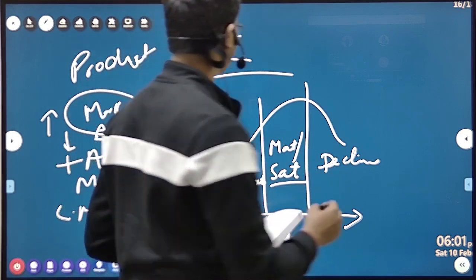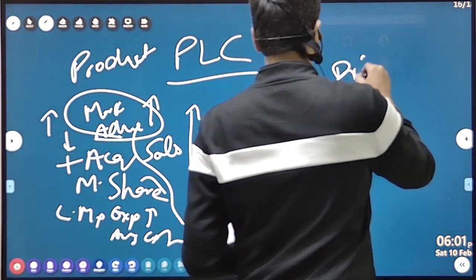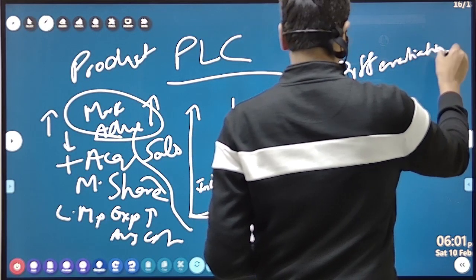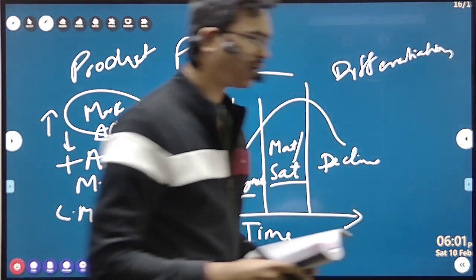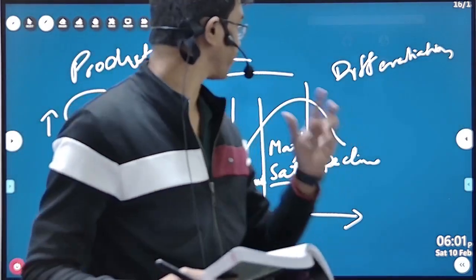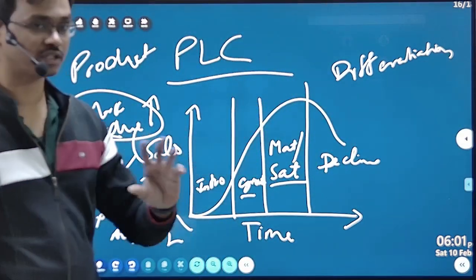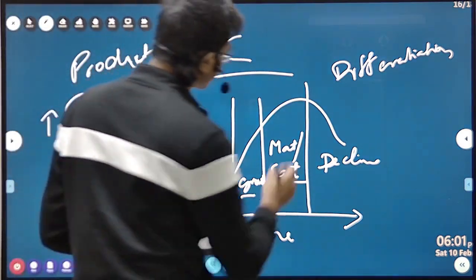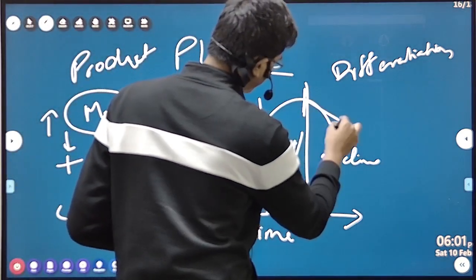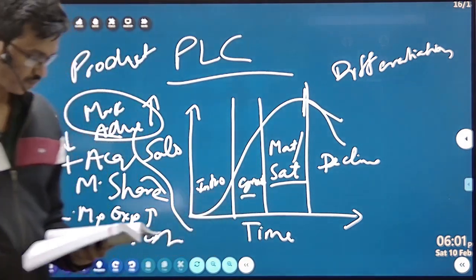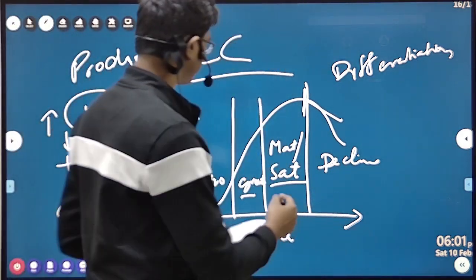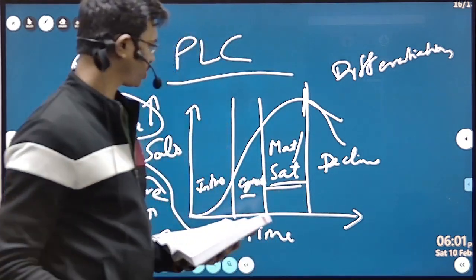And here they want differentiation of the product. They want to make your product in such a way that it is different from the competitor and it is not replaceable. So the company is trying to prevent it from going down. For that, they will try to achieve differentiation. So that is your maturity or saturation phase.